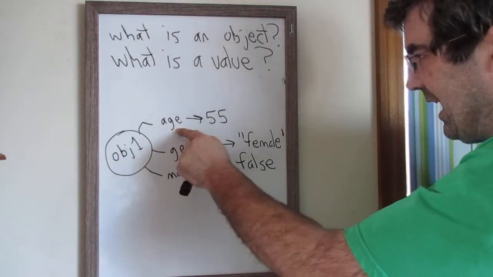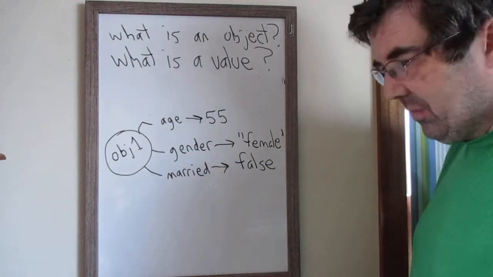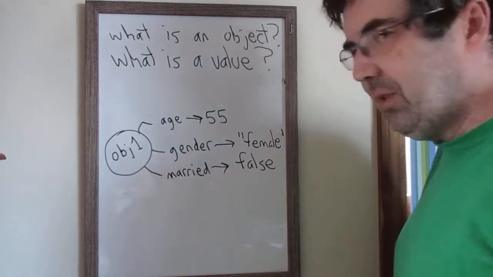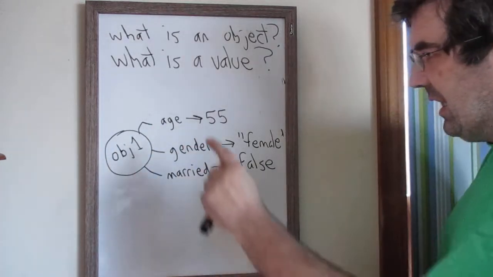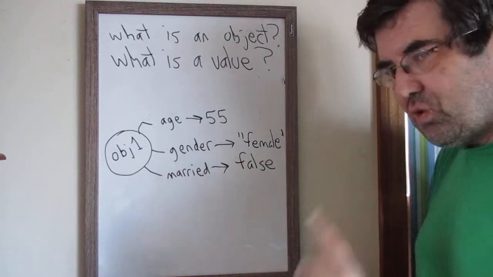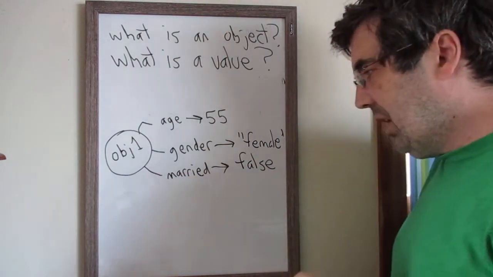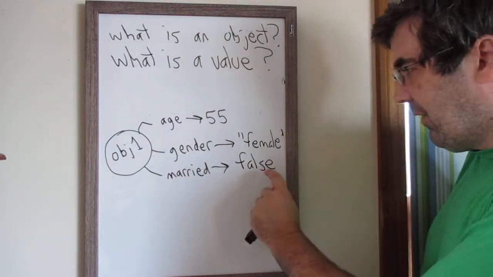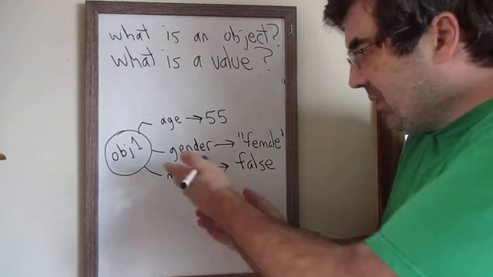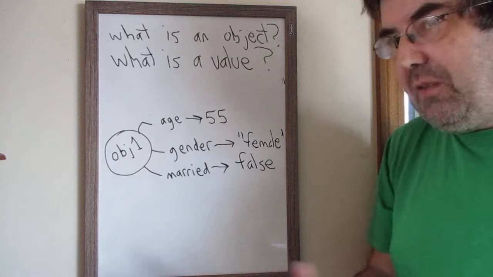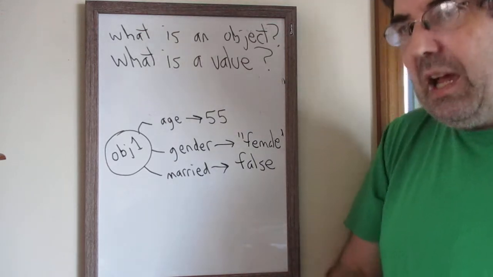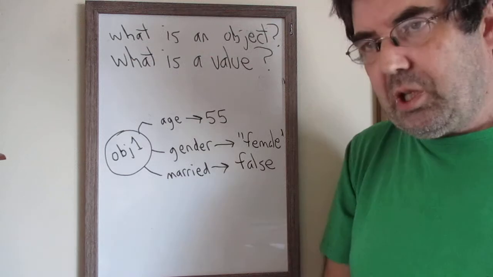Now, each name is a string. So a JavaScript object has many properties. Each property is a name and a value. Each name is a string. You use the name to get access to the value. So you have these sorts of data structures in every computer programming language, and every programming language calls it something different. A hash, a dictionary, associative array.